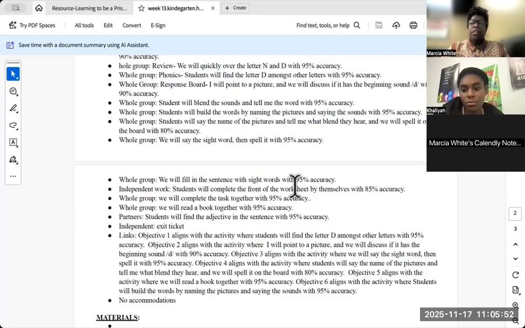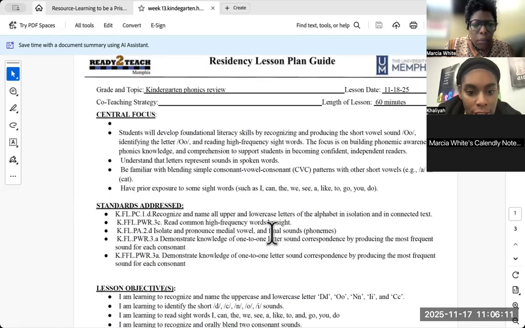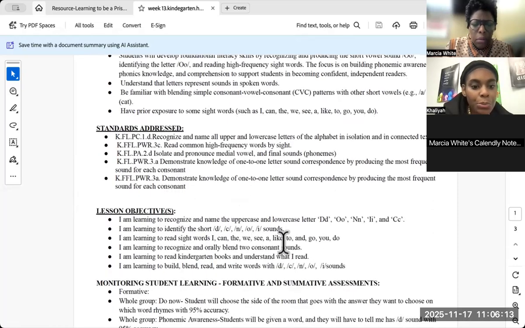Okay, so the exit ticket is actually independent, at their tables by themselves, and that is what you're going to collect, and then you will be able to determine mastery. Which of the learning objectives is that assessing? It is assessing the first learning objective, when it says I am learning to build, blend, and write words with those sounds.